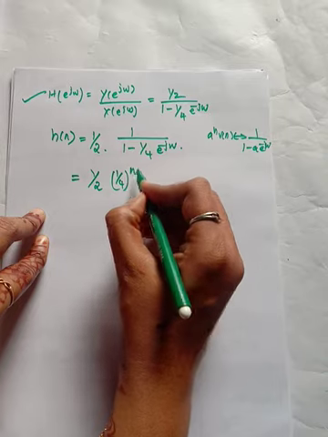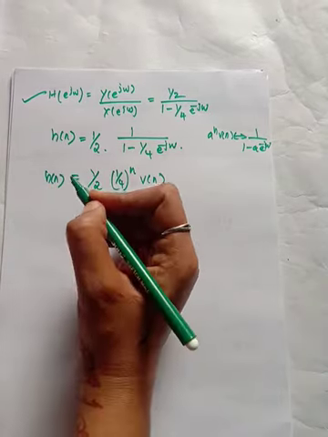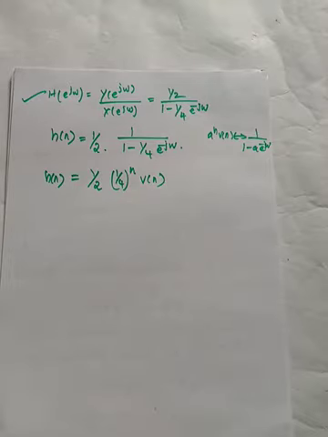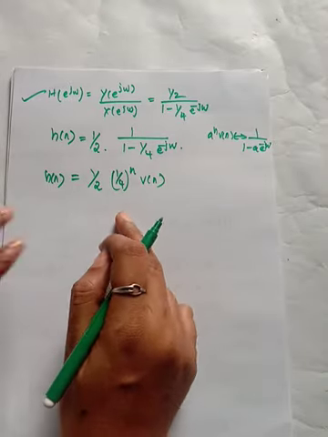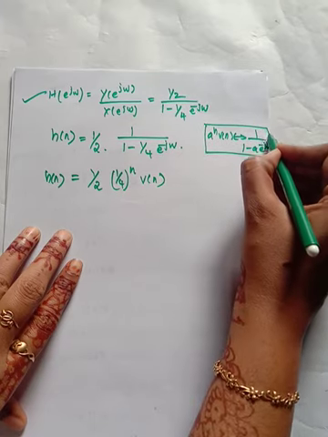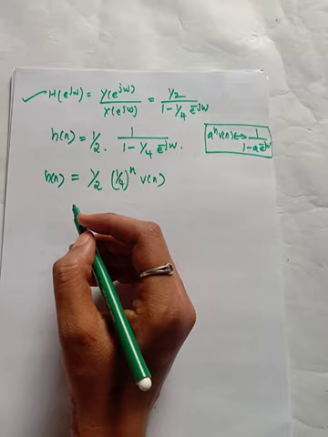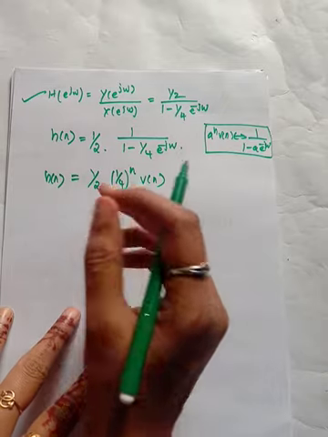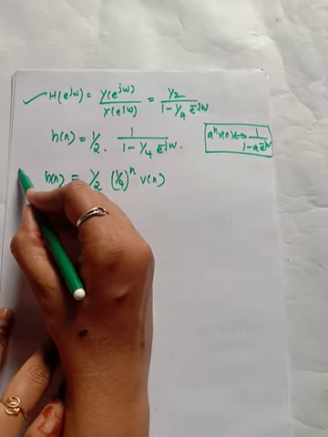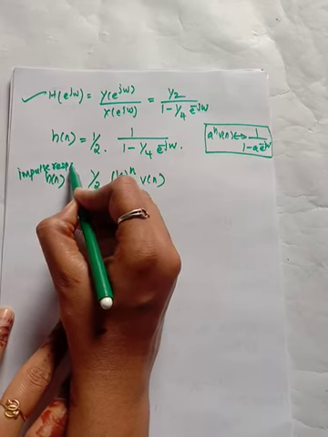So the inverse DTFT for this is 1 by 2 times 1 by 4 the whole power n times u of n. Mostly you will get it in this form, so just remember this formula. So this is the procedure to find the frequency response, and this is the impulse response of the system. Okay, hope you have understood this problem.